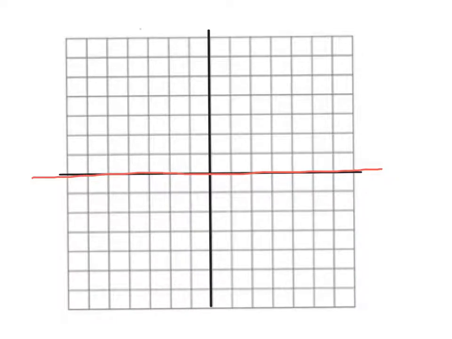So let's just draw something here, random. All right, say that's my drawing. And we notice that this drawing goes through this point here. Let's say that point is -2, 6.